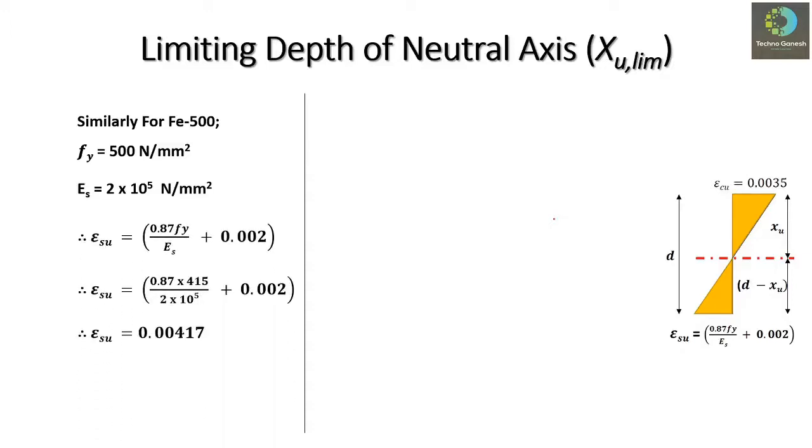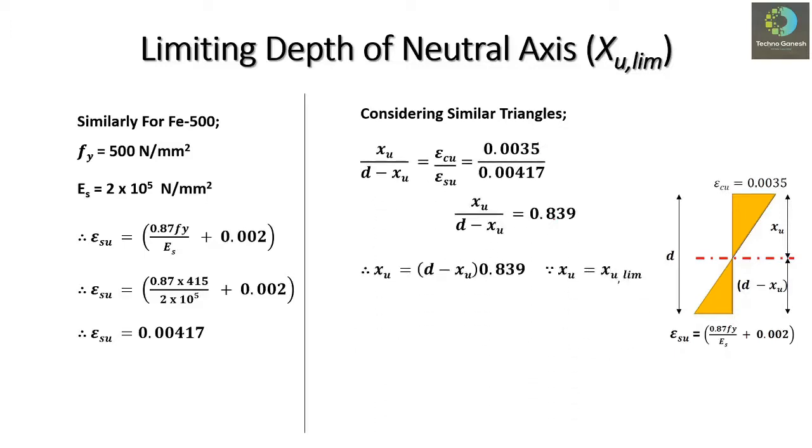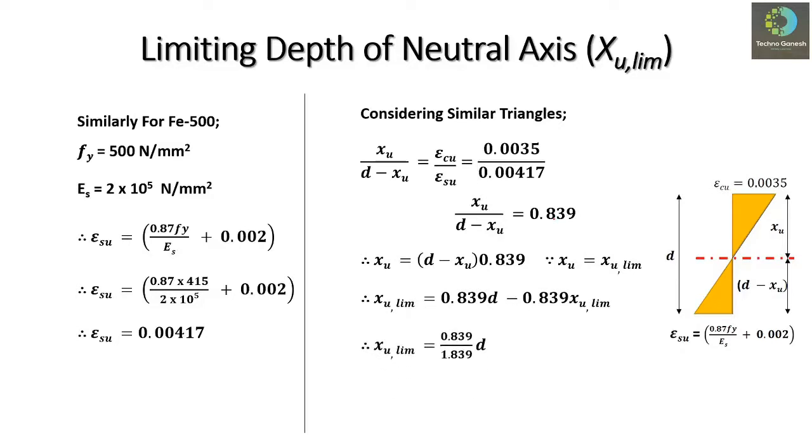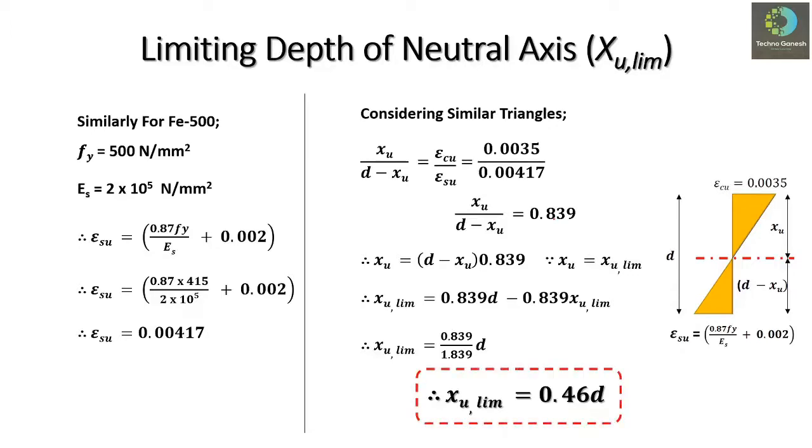So the value of epsilon SU in this case will be equal to 0.00417. Again, by considering the similar triangles concept, if we simplify this equation, we'll get the value of XU limiting as 0.46 times D. Okay, so again note down this equation.